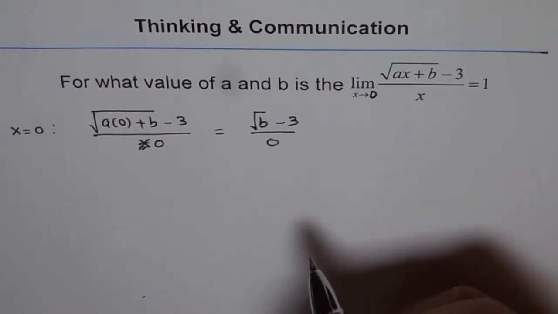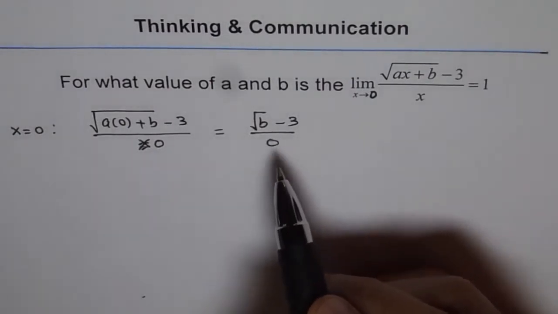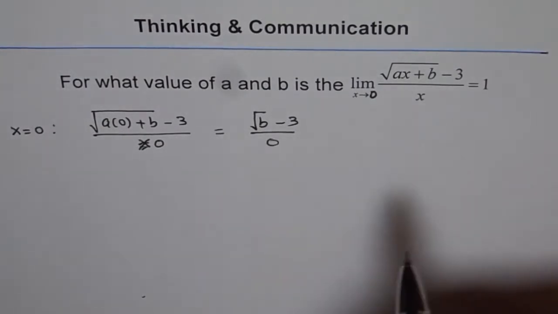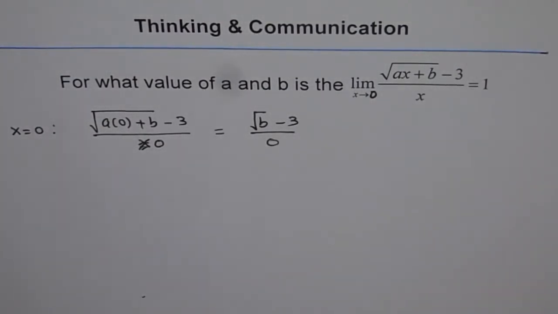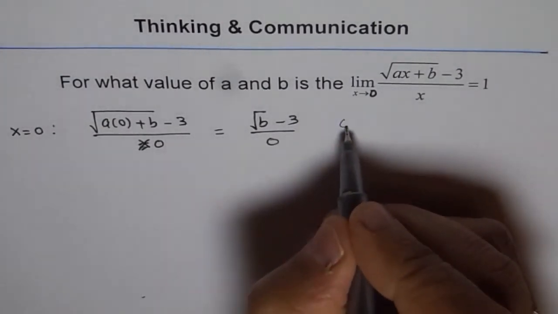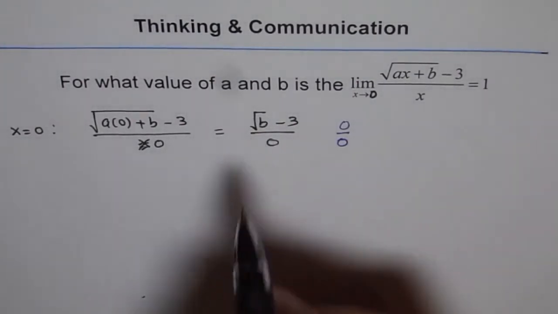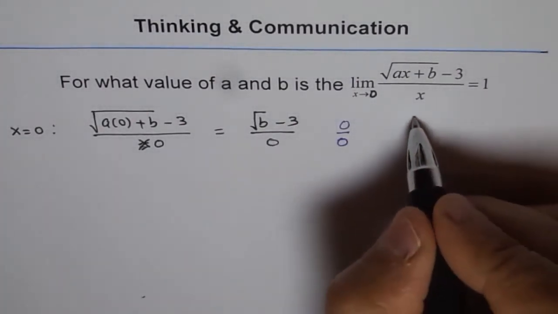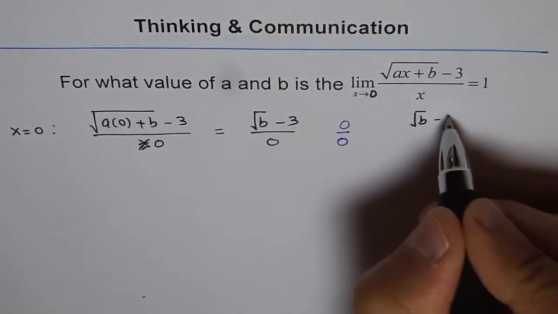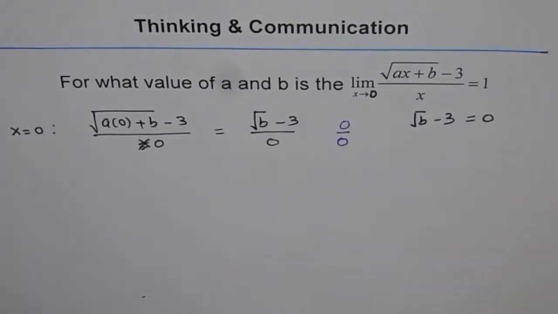So how can I write it in the form of 0 over 0? That is a big question. That can be done provided square root of b minus 3 is equal to 0. That is the only possibility.